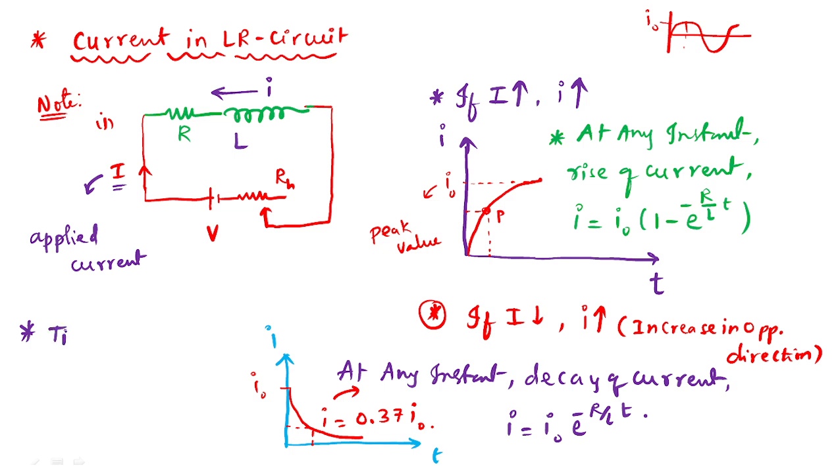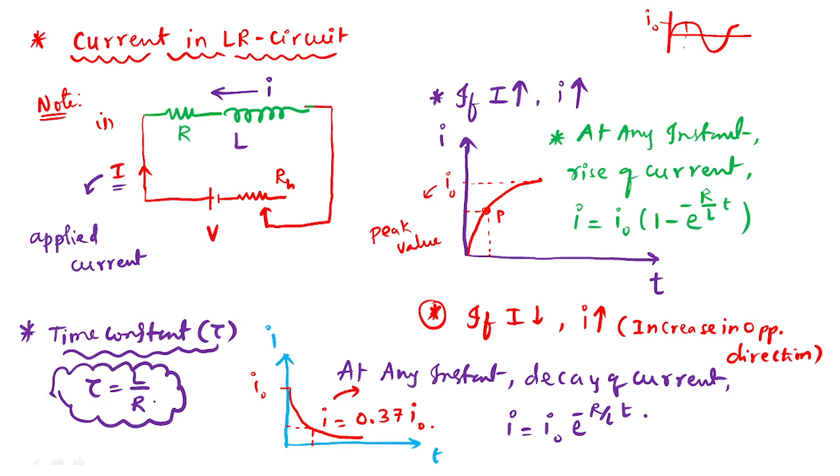So, the time constant, denoted by tau. Time constant is nothing but tau is equal to L divided by R. Yes or no?